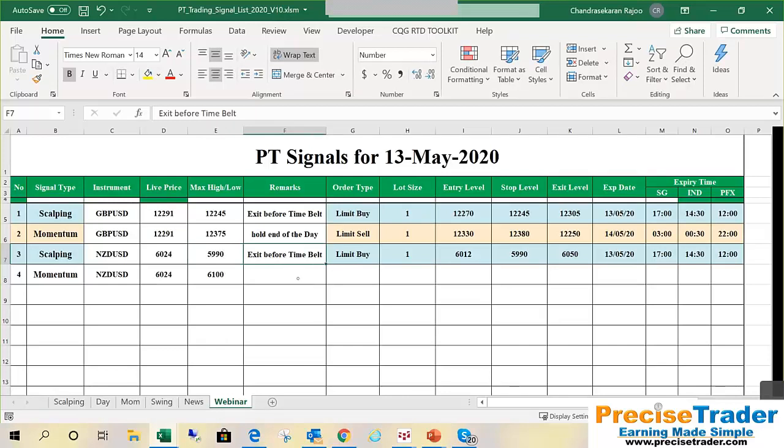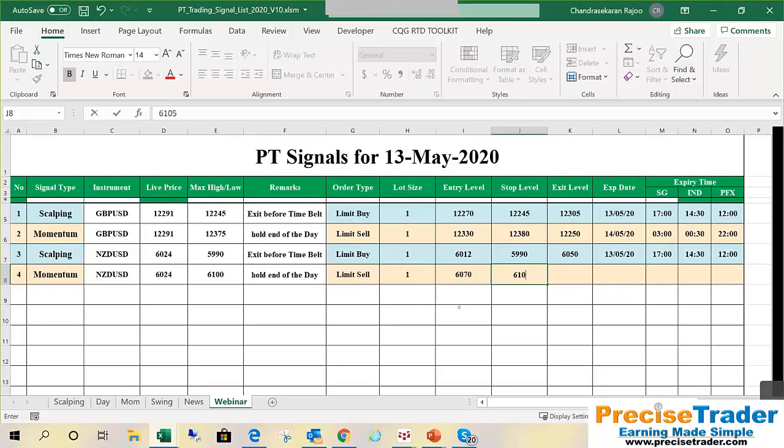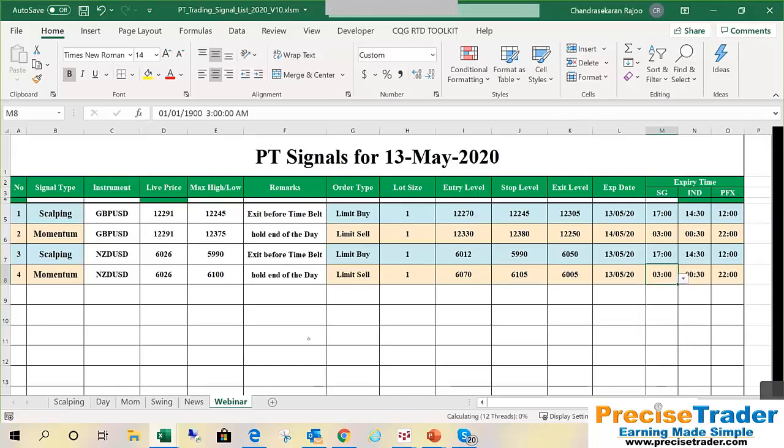So 61, this one you have to hold until the end of the day. This is a limit sell, one lot, and we want to enter at 60.70. Stop at 61.05 and take profit at 60.05. The risk reward is about 1:2, and this is until the end of the day.